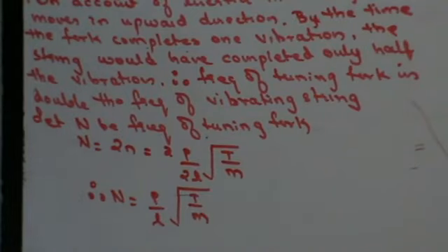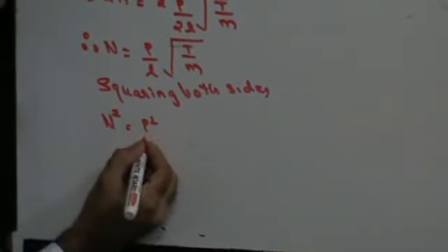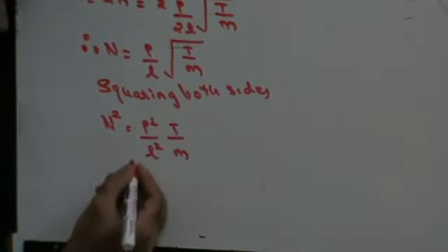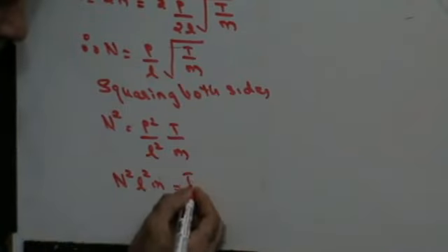Right? Now, squaring both sides, I'll get n square is p square upon l square into T upon m. So therefore n square l square m is equal to T p square.